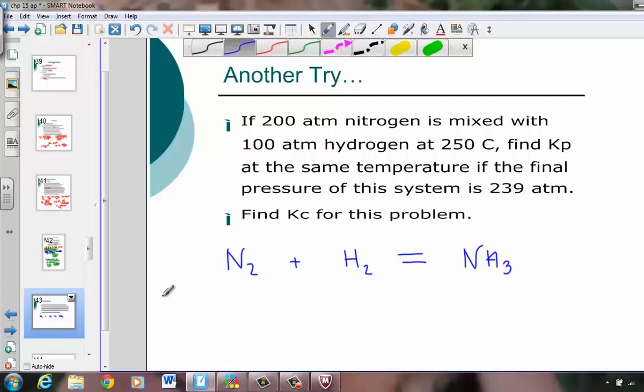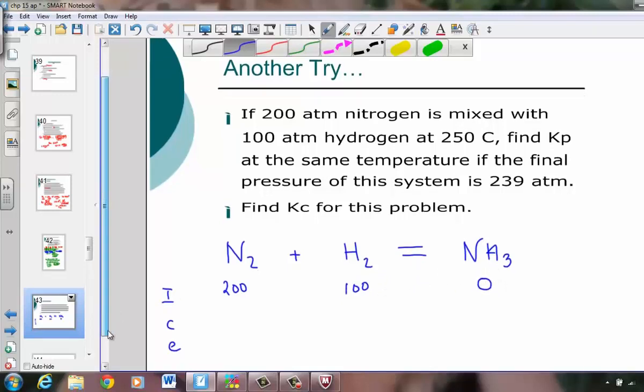If 200 atmospheres are mixed with, so we have 200 atmospheres, 200 for nitrogen. We have 100 atmospheres for hydrogen, and of course there would be no product yet made.